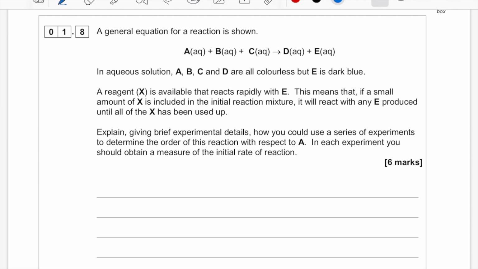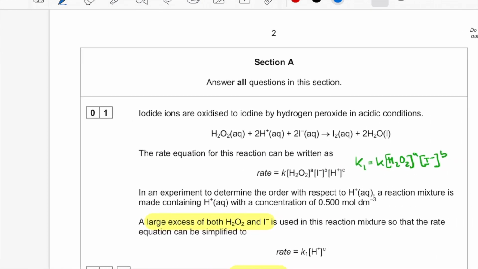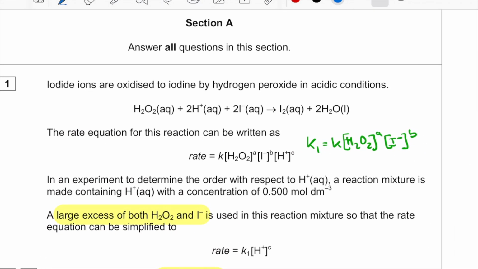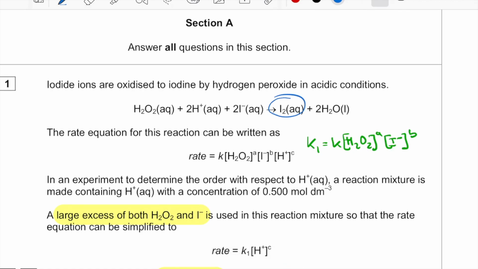So this is actually a very similar practical to the one right at the beginning of this question. If you think about it, this has got an A, B, and a C, and it goes to D and E, and that is essentially what we had at the beginning. And if you added starch as an indicator, we would be able to see the appearance of the iodine.